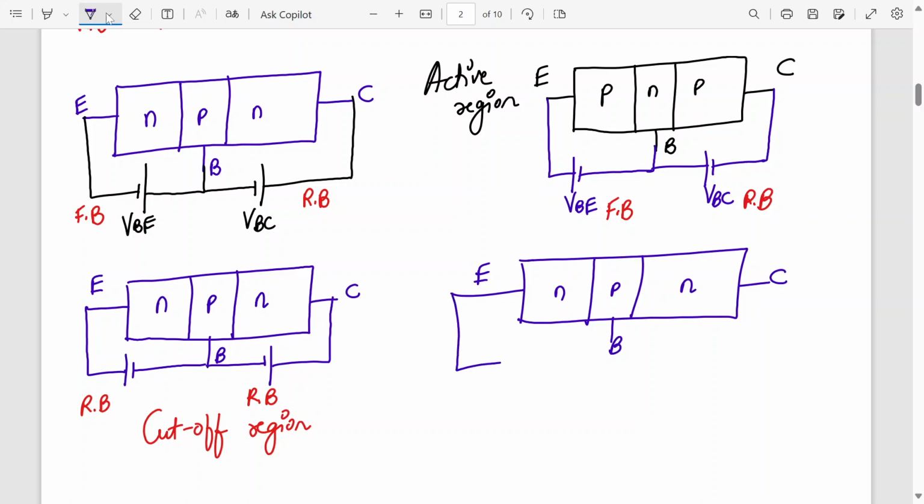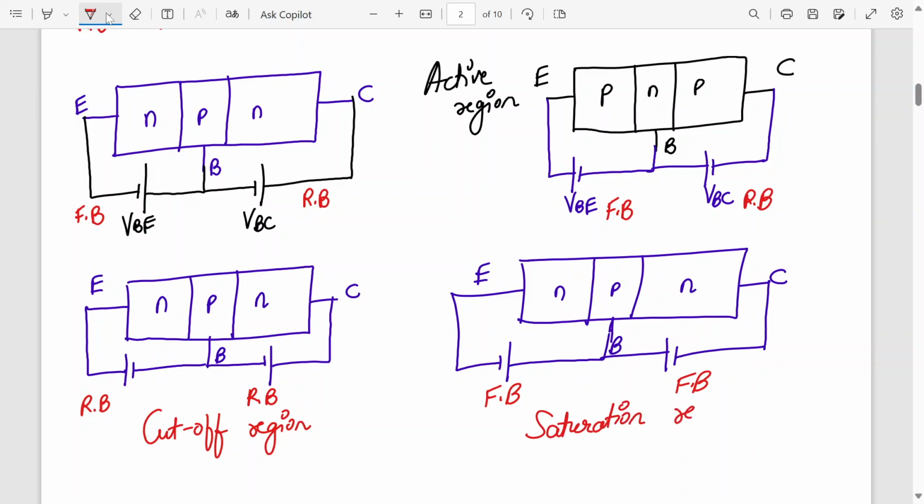So this will be forward bias as follows, and this will also be forward bias as follows. So this is the saturation mode of operation, saturation region. Alright, completed drawing.